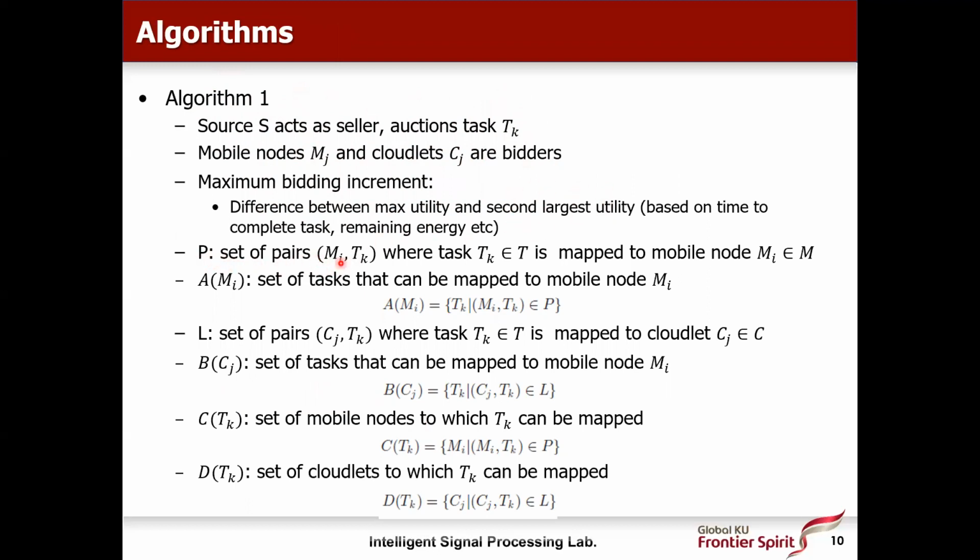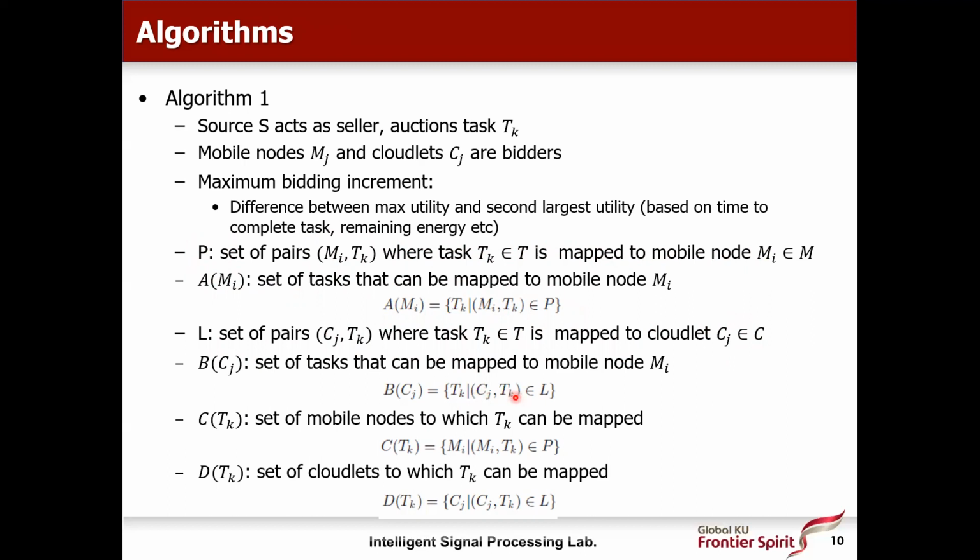So P represents the set of pairs M and T where T is mapped to mobile node. So every time the T is mapped to M, it goes into this set P. And then out of the set P, if you take all the tasks that go into this set P, that creates another set called AM. And then L is the set of pairs where a task is assigned to a cloudlet.